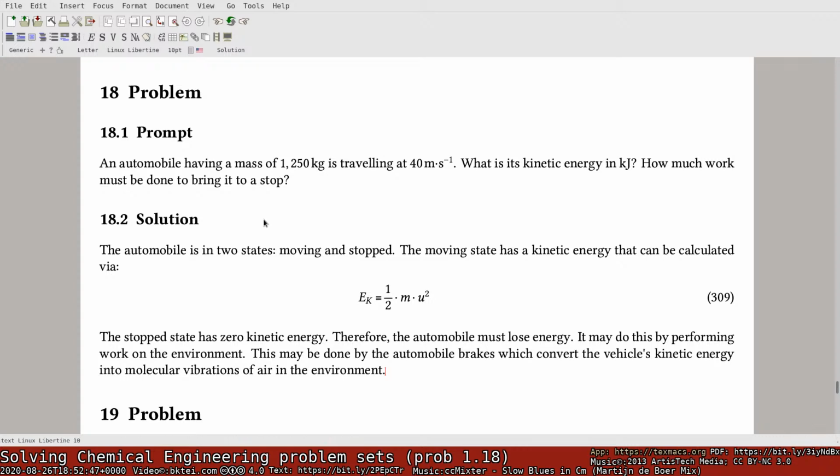So let's calculate the kinetic energy of the automobile. We'll go ahead and insert several equations.